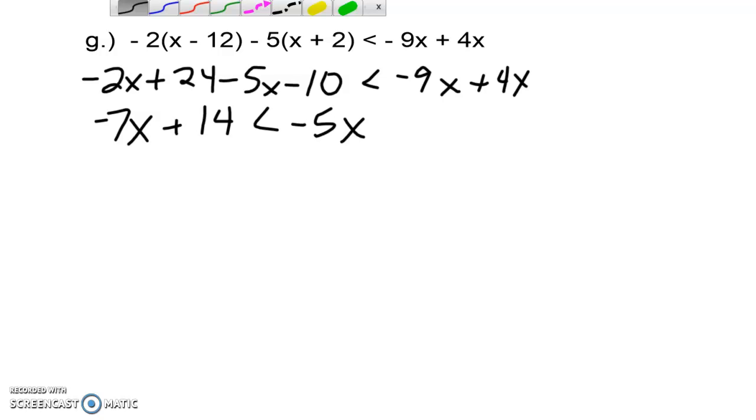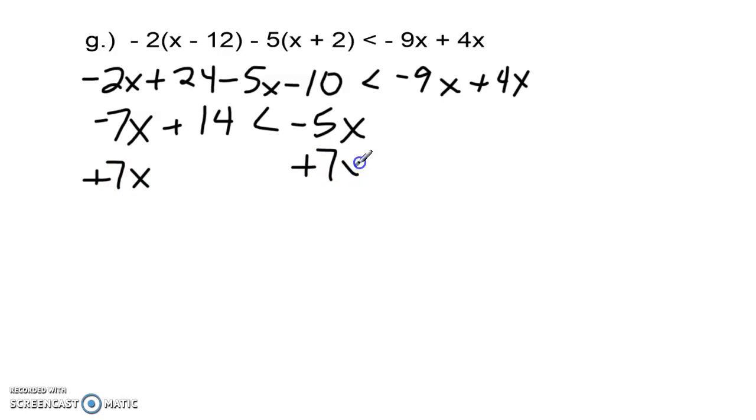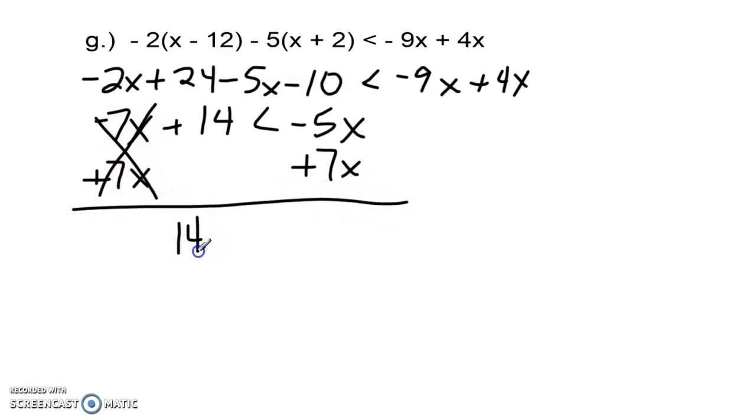So first, since 14 is on the left side, I'm going to move my variable to the right side. So to move that 7x, I've got to add 7x to both sides. And I get rid of 7x there. I have 14 on the left. Negative 5x plus 7x is 2x. And then to solve for x, I've got to divide both sides by 2. And I get x on the right, 7 on the left.